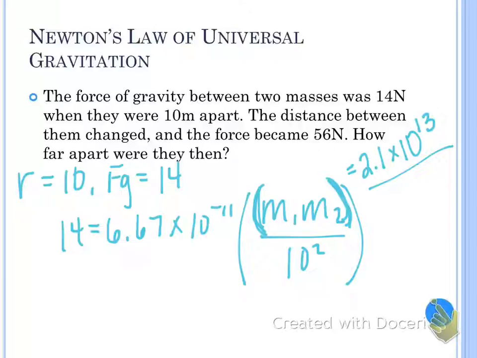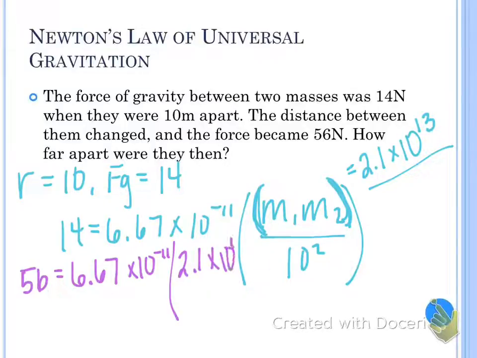So now we can take that and plug it in to solve for, what are we solving for in the second situation? Yeah, the distance or the radius, good. So our gravitational force becomes 56. Algebraically, we need to bring G over first, so we divide 56 by 6.67.